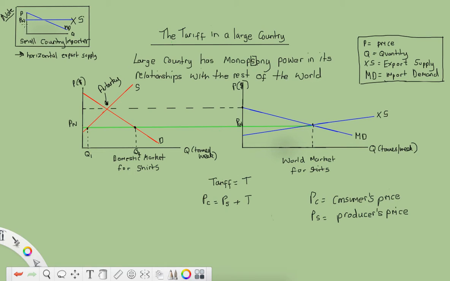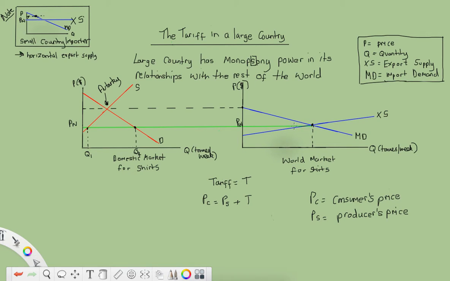If you imposed a tariff in this small country up in the top left corner, you can see that what happens essentially is that the supplier's price is fixed at PW. The entire tariff is passed on to the consumers in the import country that's imposed the tariff. This should be familiar to you if you studied the incidence of taxation in principles of microeconomics, but we're looking for a vertical gap between the import demand and export supply curve equal to T, or the amount of the tariff.